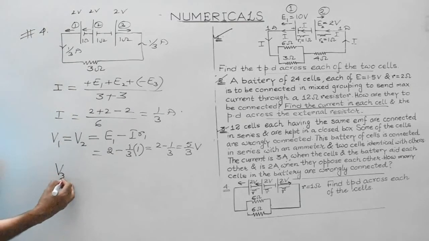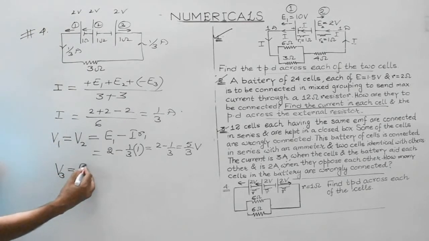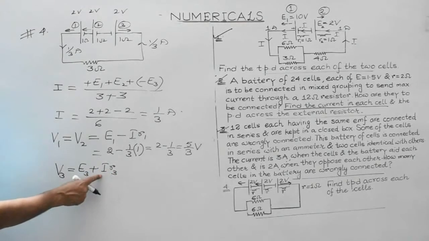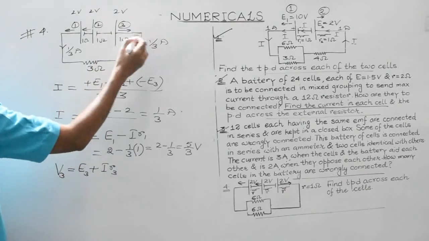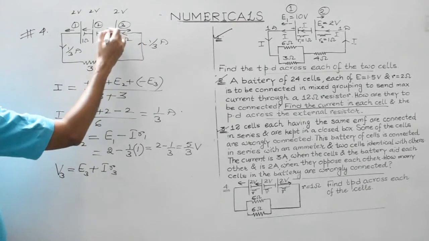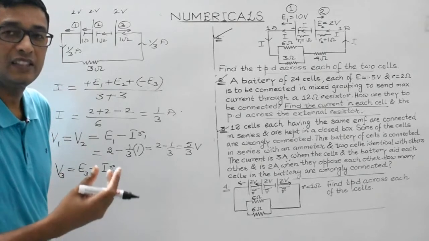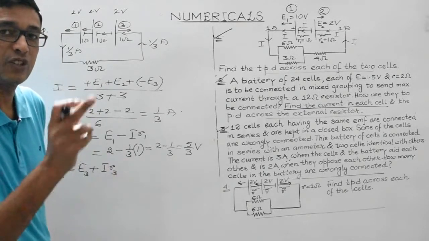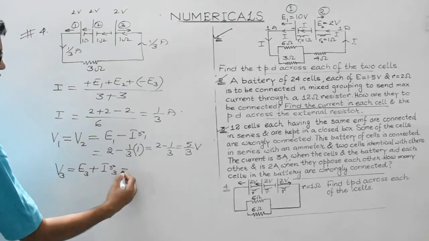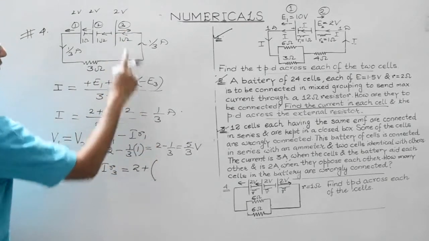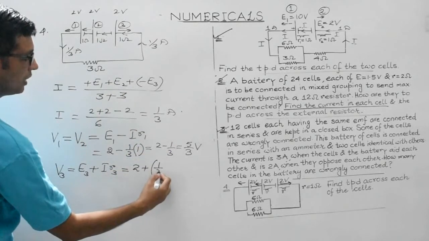Now TPD across the third cell, it will be equal to E3 plus I into R3. Why this plus sign? Because here current is entering the positive terminal and it is leaving the negative terminal. It is the case of charging, where the TPD must be greater than that of its EMF. So what is E3 over here? Again 2 volt. Net current flowing through this cell is 1 by 3.